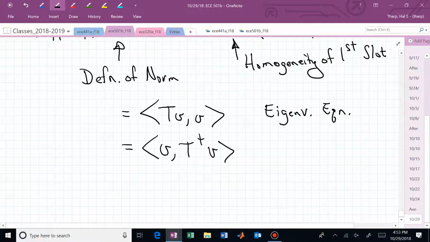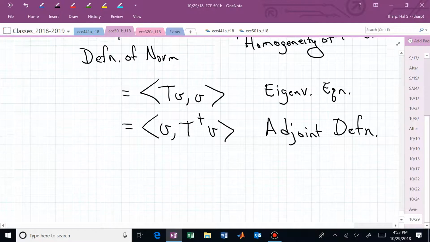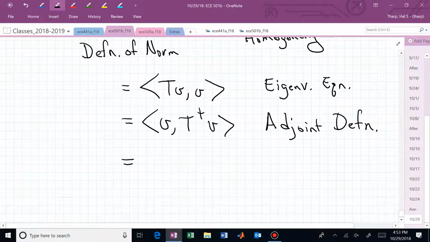And that's just the definition of the adjoint. But what did I assume? I assumed T was self-adjoint, didn't I? So now I can say, oh, this is v, T, v.